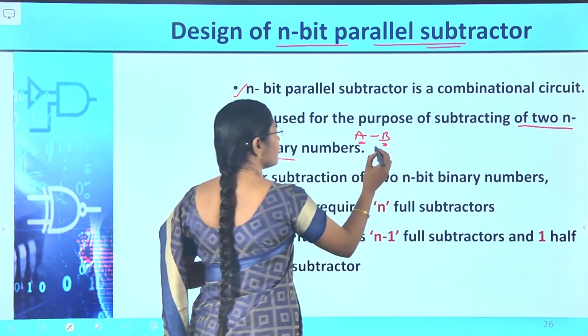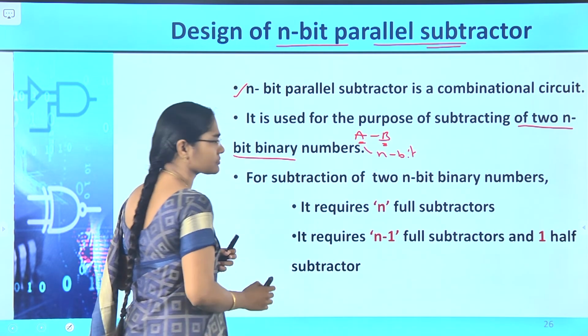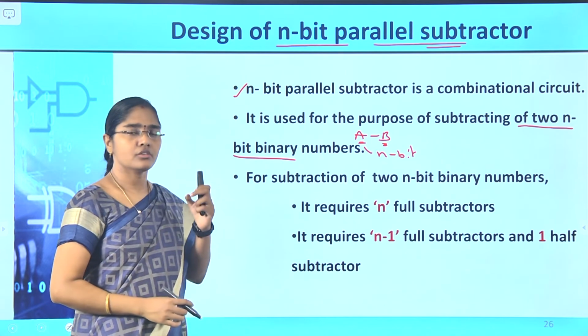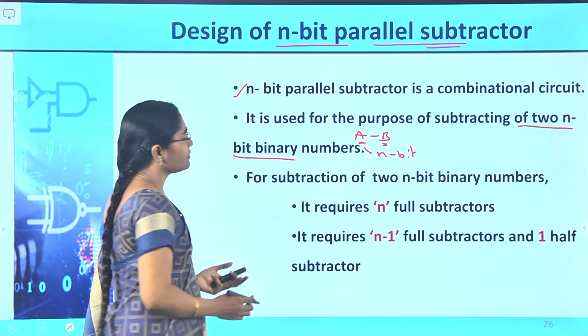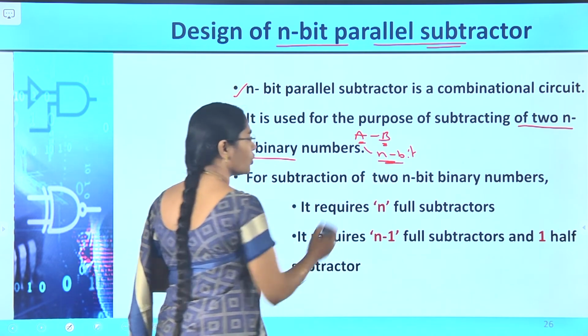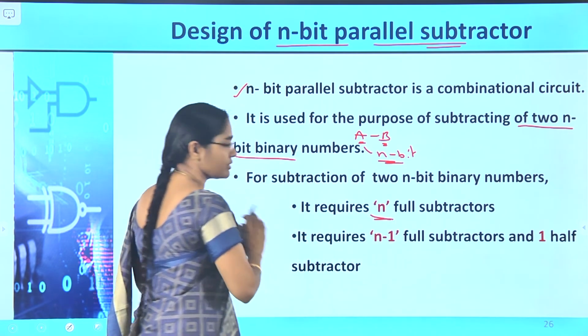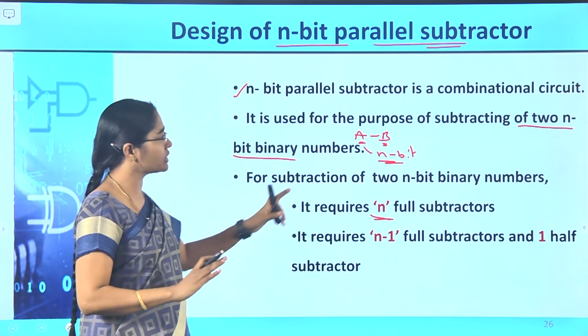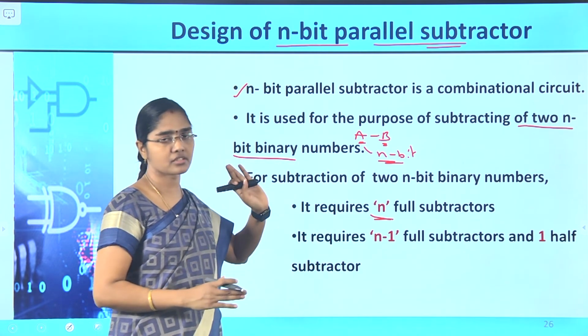That means for this n-bit subtractor, how many full subtractors or half subtractors are required? If this is implemented only with full subtractors, it requires n complete full subtractors.